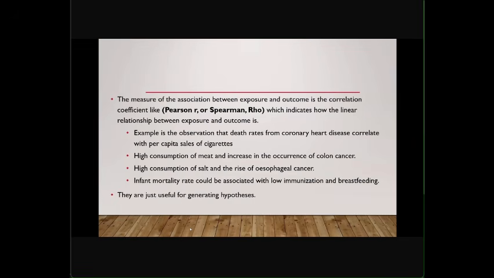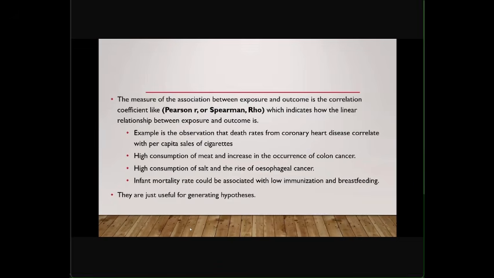Example is the observation that death rate from coronary heart disease, which is disease of the blood vessels, correlates with per capita sales of cigarettes. High consumption of meat correlates with increase in the occurrence of colon cancer.